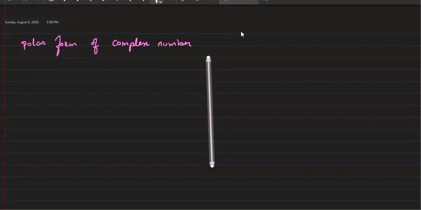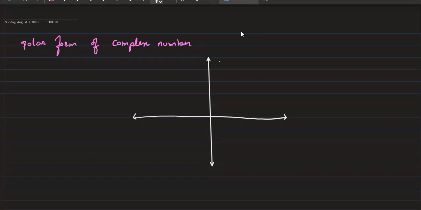Yes or no? Tell me. A complex number can be treated as a vector where x coordinate represents your real number and y coordinate represents your imaginary number. Yes or no?